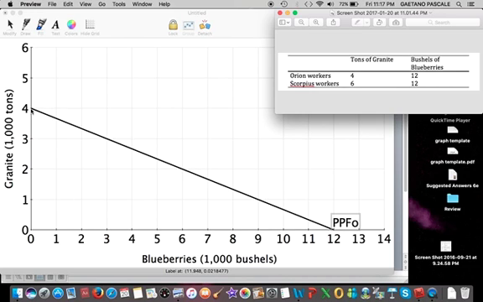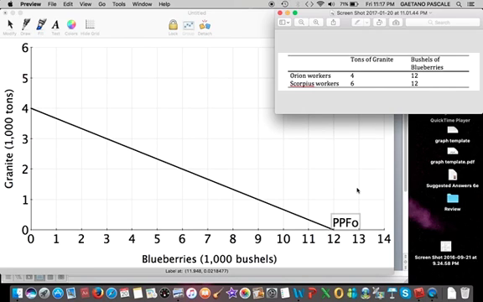If we go to the opposite extreme, where all the workers are used in blueberry production, each worker can produce 12 bushels of blueberries. There's 1,000 workers, we multiply that, so if all workers are used in blueberry production, 12,000 bushels of blueberries will be produced in Orion. So that's the PPF for Orion.